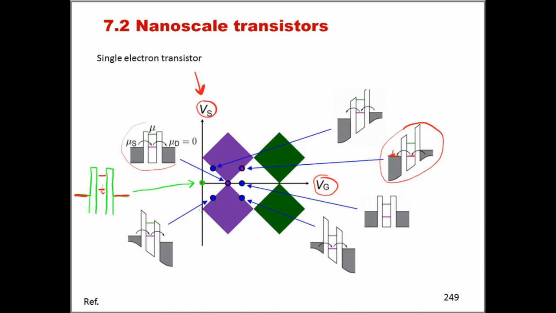So this is effectively what this line represents: if we move along this line, we keep the first state aligned with the source.